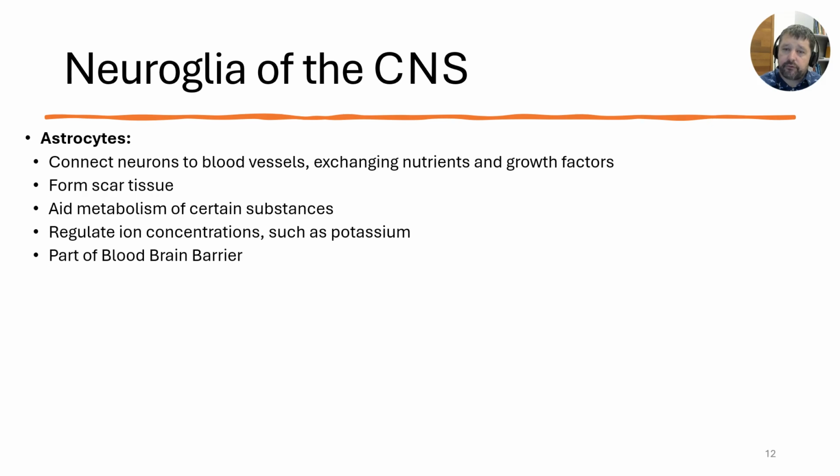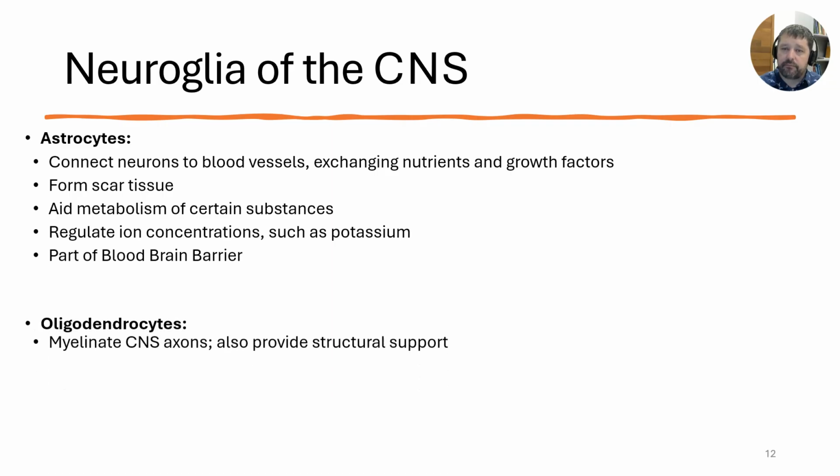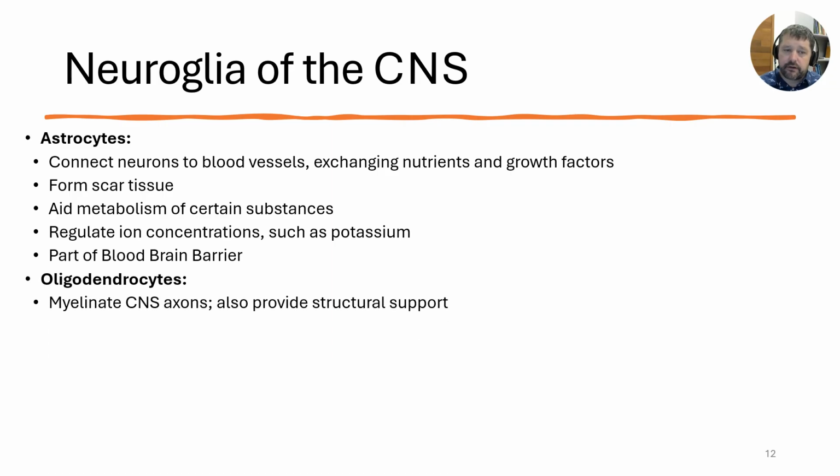So lots of connection with blood. They exchange nutrients, they exchange waste, put growth factors into the system so the neurons themselves can grow when they need to. Oligodendrocytes, we already talked about them. They're laying down myelin for the myelinated sheaths that cover the central nervous axon.